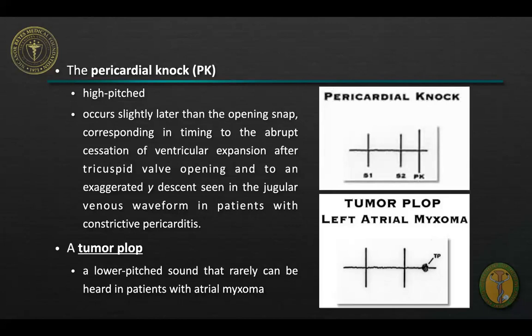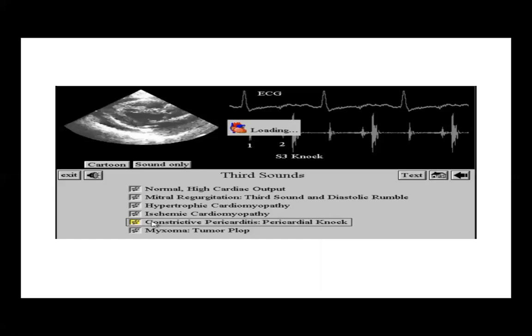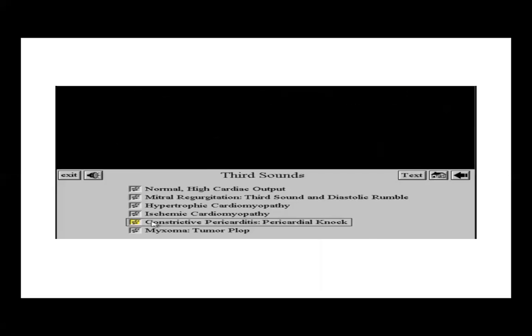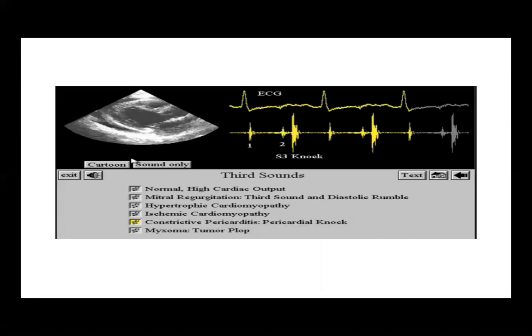Another sound, the tumor plop, is a lower-pitched sound that rarely can be heard in patients with atrial myxoma, which is a benign tumor of the heart. Listen very carefully to the pericardial knock, followed by the sound of a tumor plop.